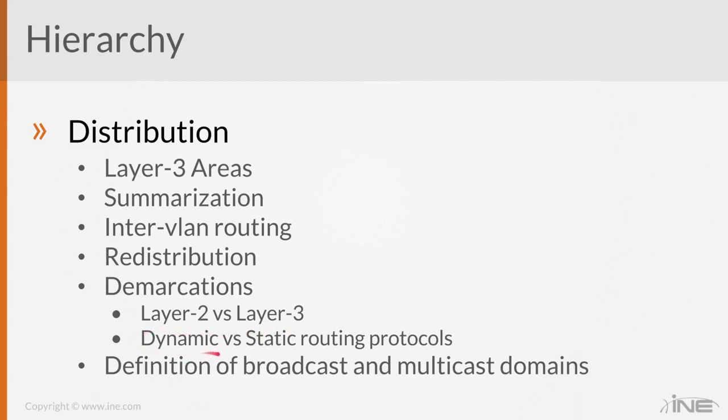This is also where we receive normally, or we do the dynamic and the static routing protocols. We do it at the distribution, and this is where we define our broadcast and multicast domain.